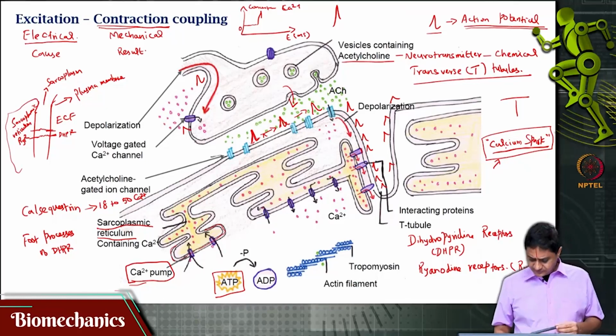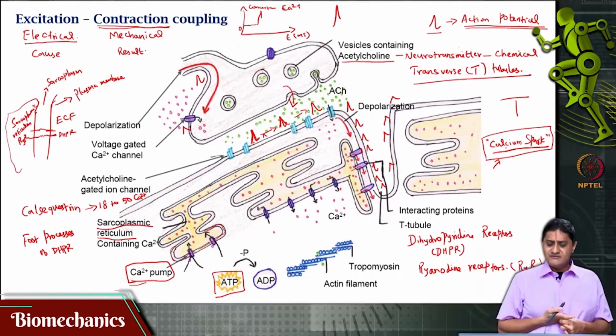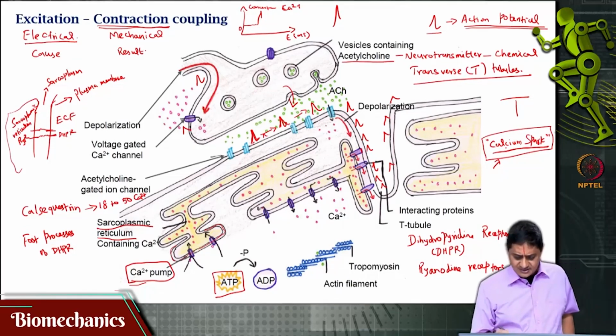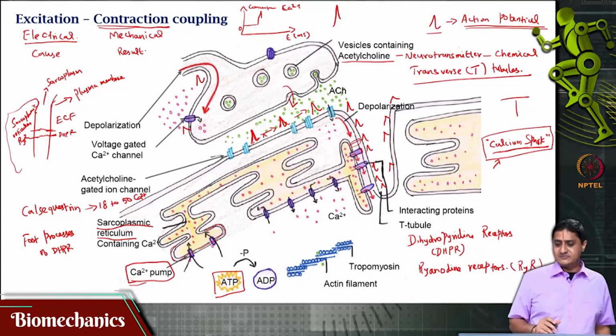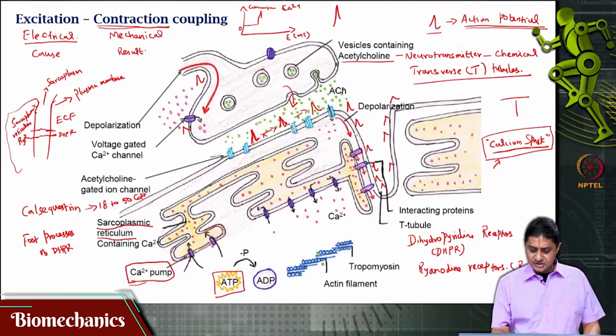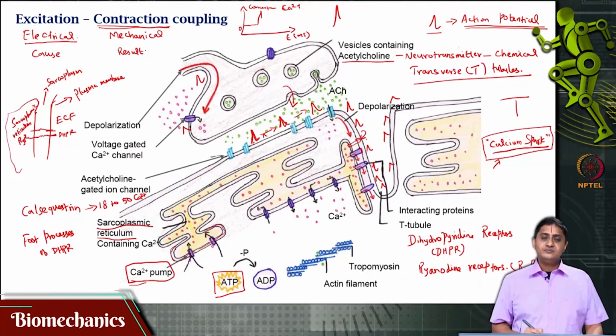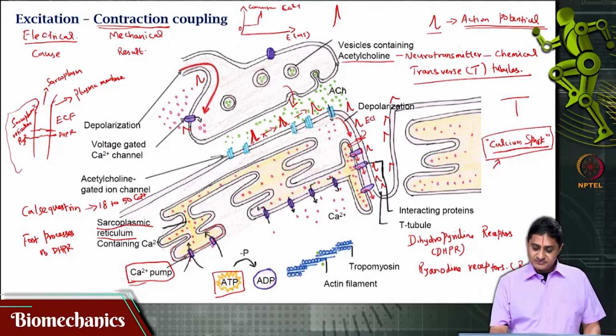As an aside, something that we also want to look at is the special case wherein sometimes there are some channels in some muscles that are sensitive to action potential, okay, that are present in the T tubule, that have a tendency to let in calcium from the extracellular fluids.